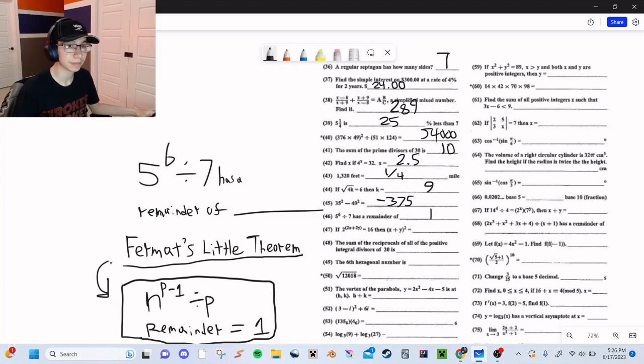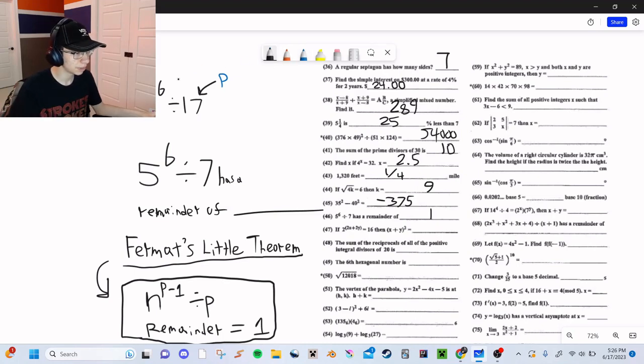So what does that mean in practice? Well, if I had some number, let's say 13 raised to the power of 16 divided by 17, look at this. This number we're dividing by is a prime number p. We just call it p to show it's a prime number, p for prime.